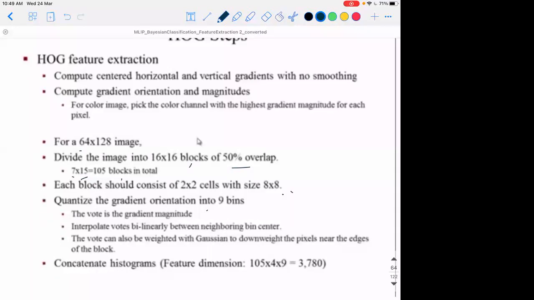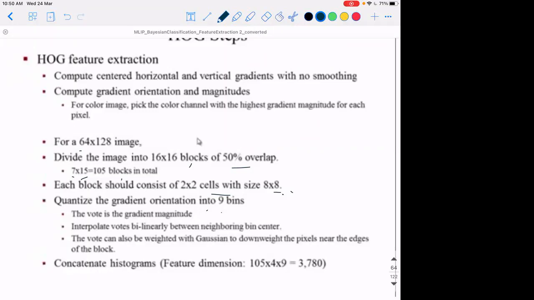And how many such cells are there in a block? Each block has 4 cells, so 4 into 9, that is 36 cross 1, is the dimension of the feature vector for a single block. Now, given the whole number of blocks, what is the dimension of the overall feature vector for the whole image? It is 105 into 4 into 9.